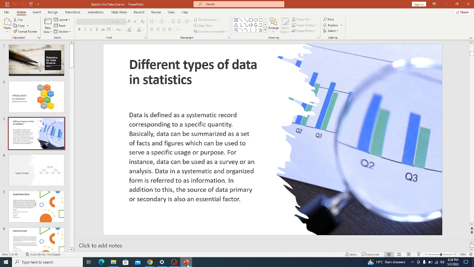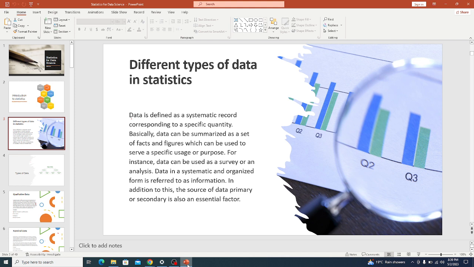In addition to this, we have primary and secondary sources of data. These are things we learned back in high school. A primary source of data is when you go to the field and interview people using questionnaires, so you are the primary source of the data which you collect.